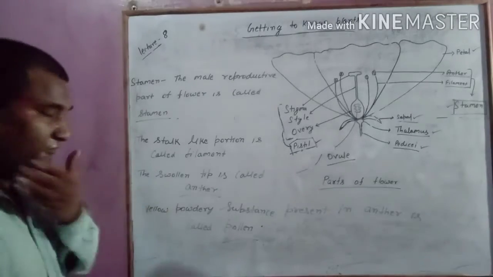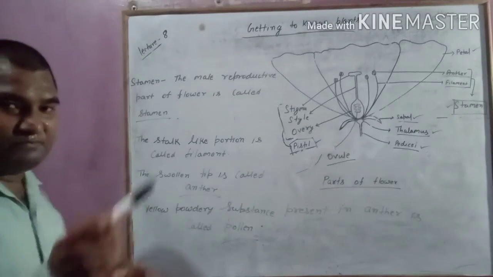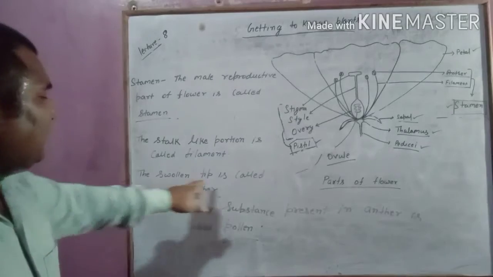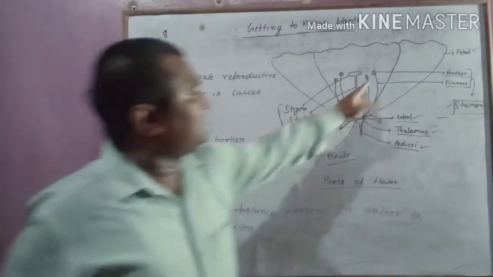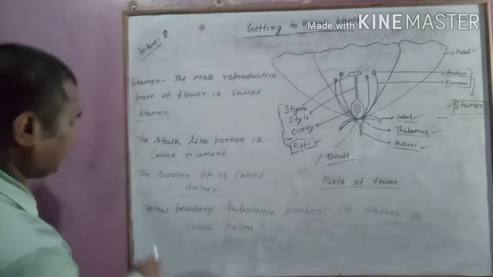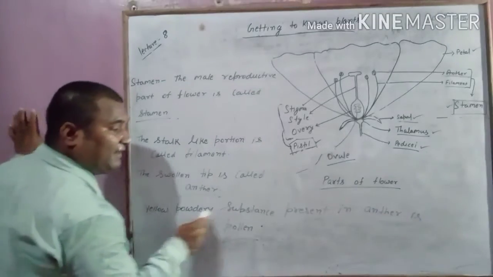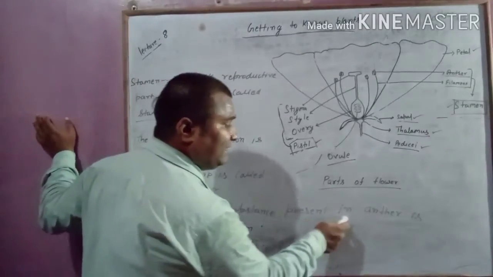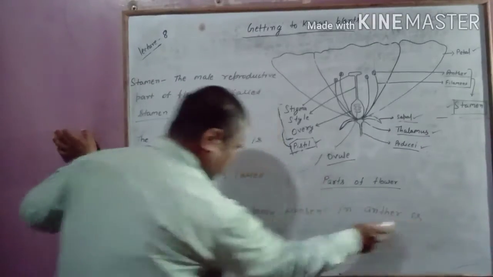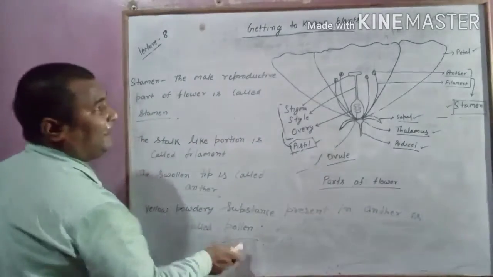I am writing here. If you can't see this, I will fill the ink. The swollen tip is called anther. Yellow powdery substance present in anther is called pollen.